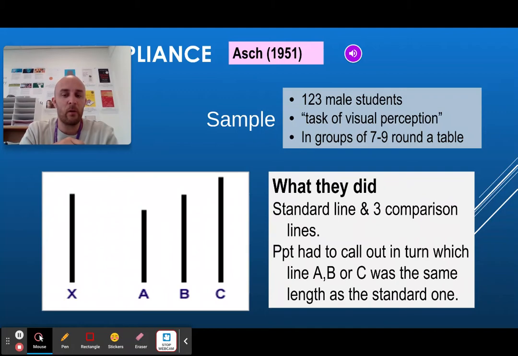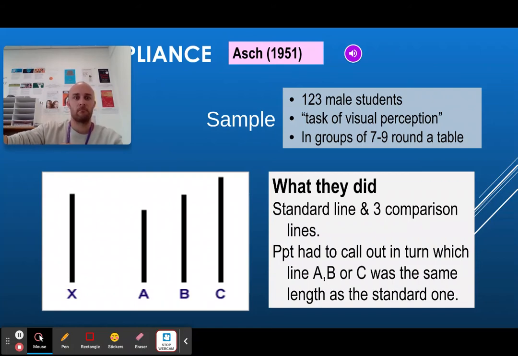Participants had to call out in turn which line matched. Asch rigged it so that a lot of the Confederates would give purposely false answers.